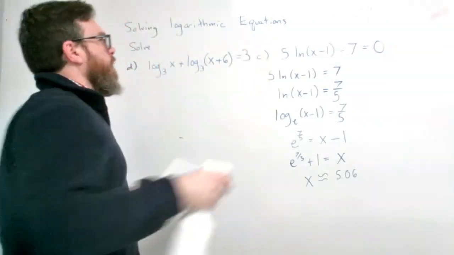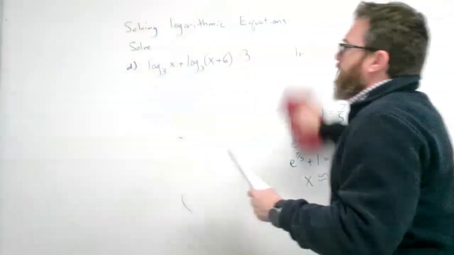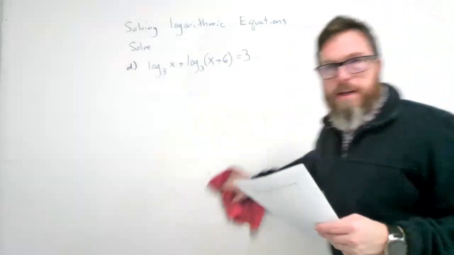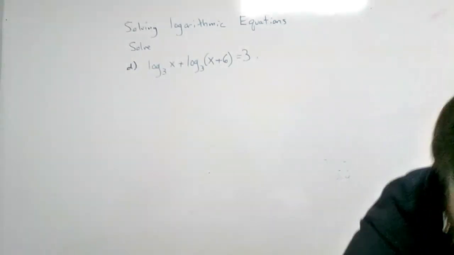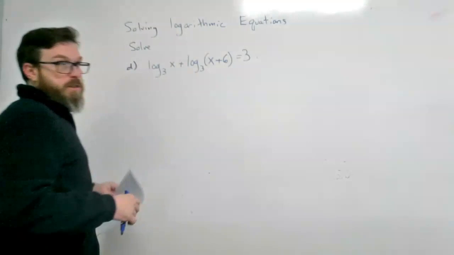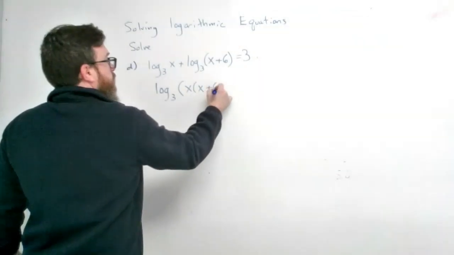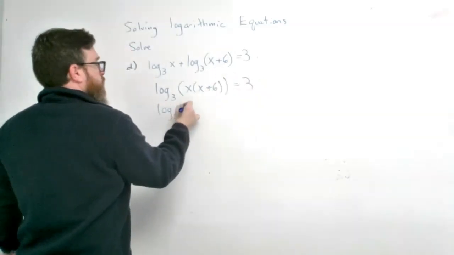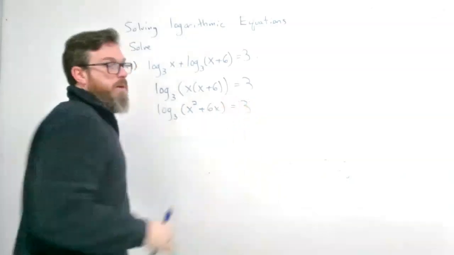So if I want to solve that, what I have on the left-hand side is 2 logarithms. There's no way to rewrite this as an exponential when I have two logarithmic terms on the left-hand side. So I'm going to condense the logarithms using the properties, and I know that the addition of the logarithms is multiplying, so I get x squared plus 6x is equal to 3.